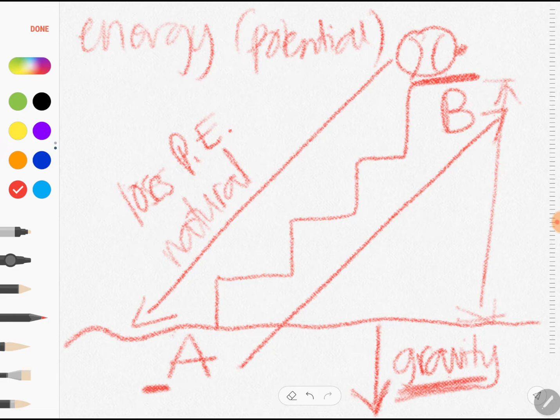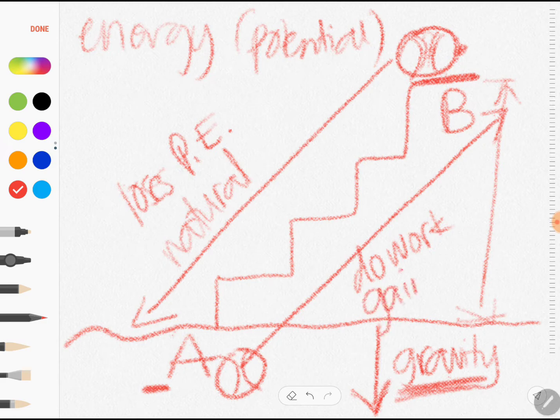What should we do in order for the ball to move from position A to position B? Okay, we need to do work on the ball. Remember, work is the transfer of energy from one object to the other. So, if we apply work to the ball from position A to position B, did the ball gain or lose potential energy?